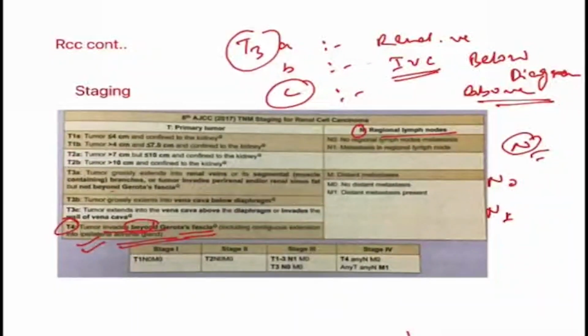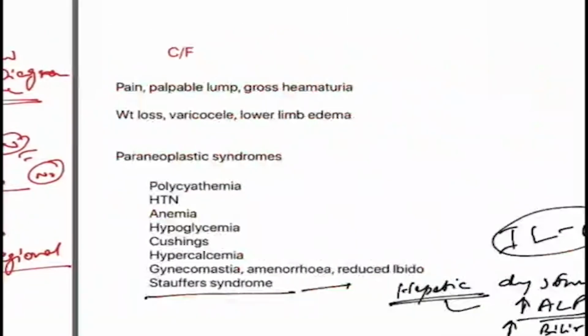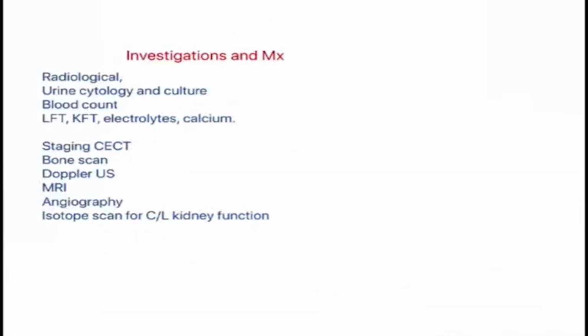Now coming to the N, that is lymph node status. There are only N0 and N1. N0 is no lymphatic involvement and N1 is regional lymph nodes involved. M is distant metastasis. M0 is no distant metastasis, and in M1 metastasis is present.